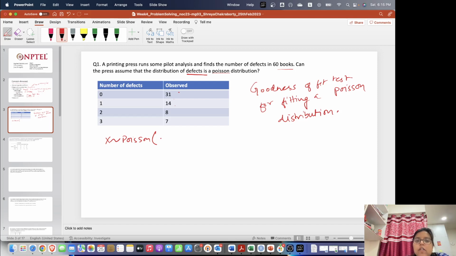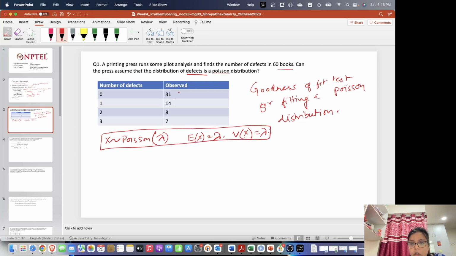The Poisson distribution is characterized by one parameter, which is lambda. Expectation of x is lambda, and variance of x is also lambda. This is a characteristic of a Poisson distribution.